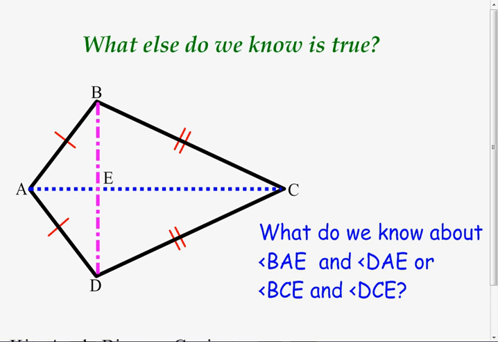What about BAE and DAE? I've already talked about this as well. BAE is this angle here, and DAE is this angle here. I call them 1 and 2. They are congruent. So the vertex angles are bisected.